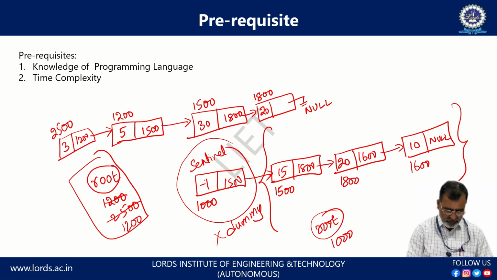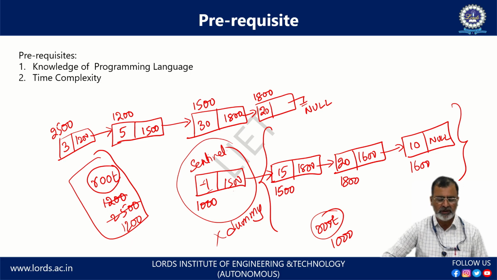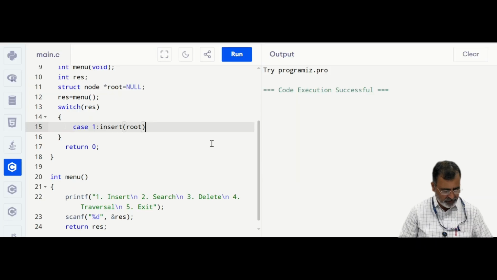You should not print the value in the dummy head node. You should skip the first node and then go from the next node. That is the advantage which we will get. So we are now going to create it with a dummy head node. Since it is with a dummy head node, I'll create that dummy head node in the main program itself.